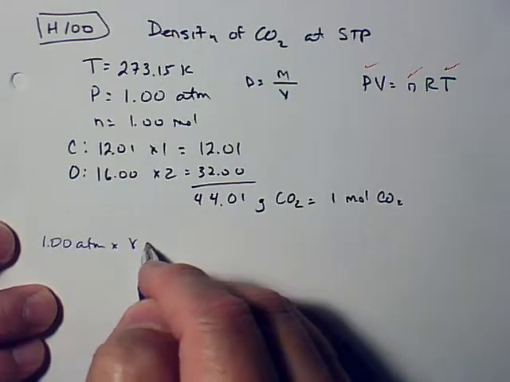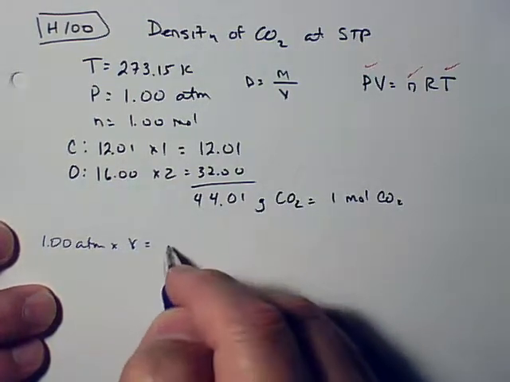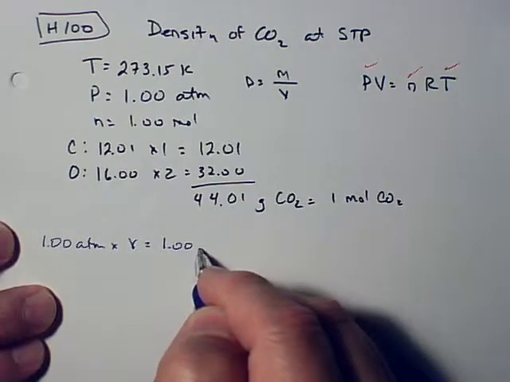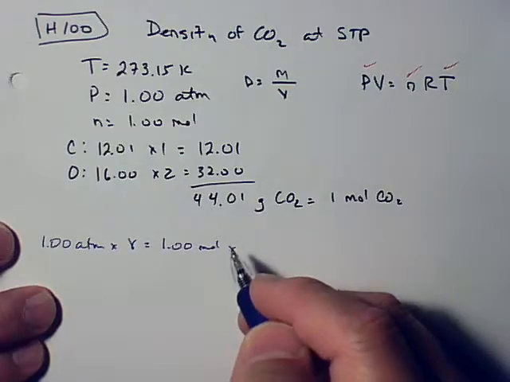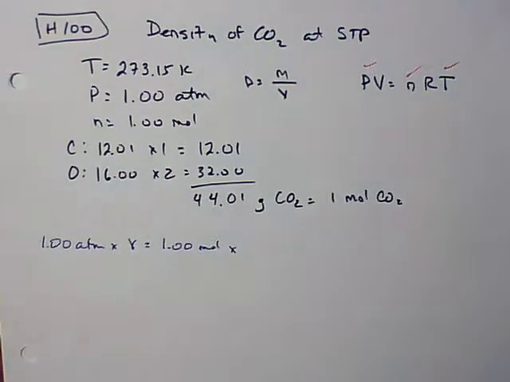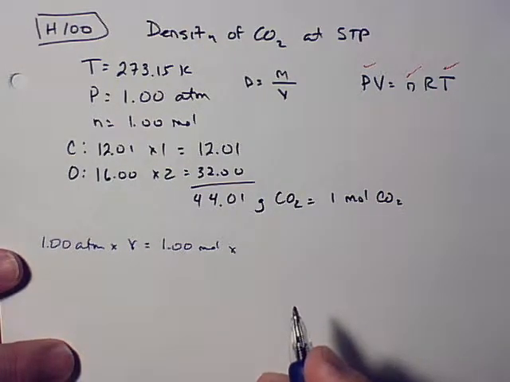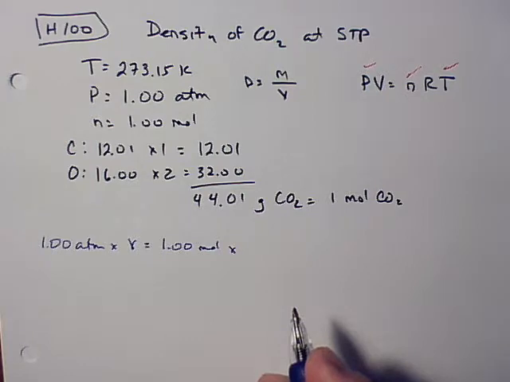V we don't know. n is 1 mole. R is 0.0821. What is it? 0.0821 is what you have? Okay, I've always used 0.08206, but it's probably 0.0821 on yours.